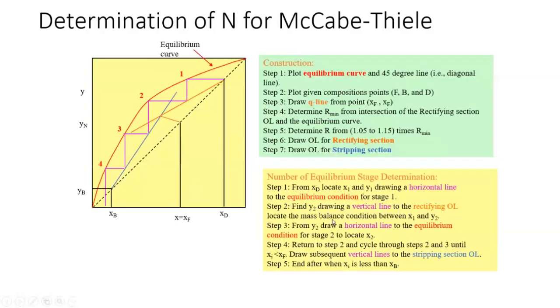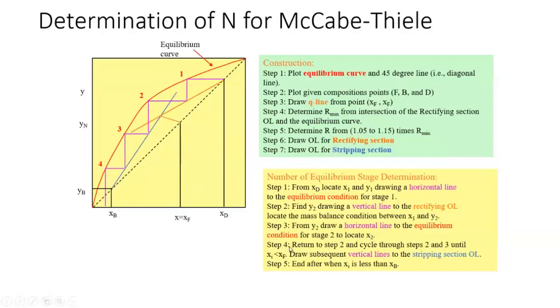Locate the mass balance conditions between X1 and Y2. Step 3, from Y2, draw a horizontal line to the equilibrium condition for stage 2 to locate X2.